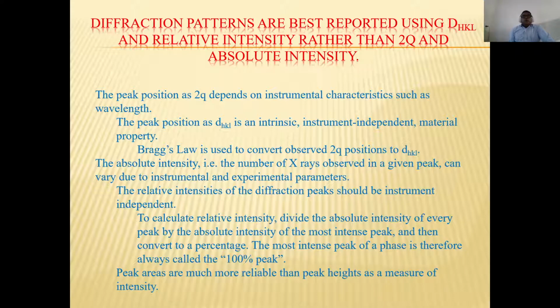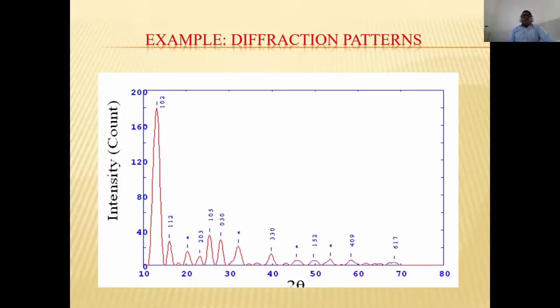To calculate relative intensity, divide the absolute intensity of every peak by the absolute intensity of the most intensive peak and then convert to percent. The most intensive peak of a phase is therefore always called the 100% peak. Peak areas are much more reliable than peak height as a measure of intensity.